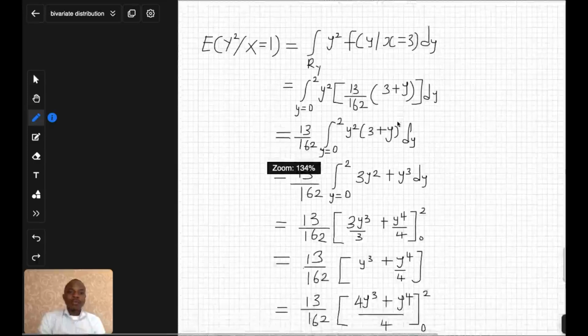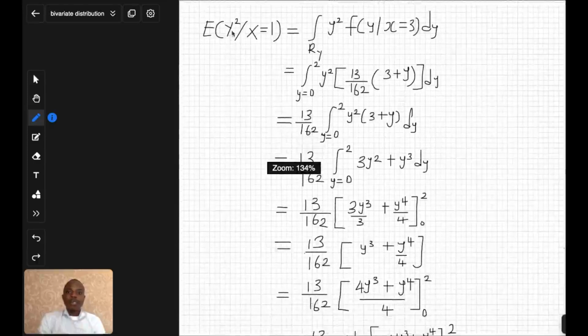Now, the expected value of y squared divided by x equal to 1. In order to get this, don't forget that because we have y squared here, y squared shows here. And then multiplying what we had obtained before, now we get all of these, and then we do the normal stuff.